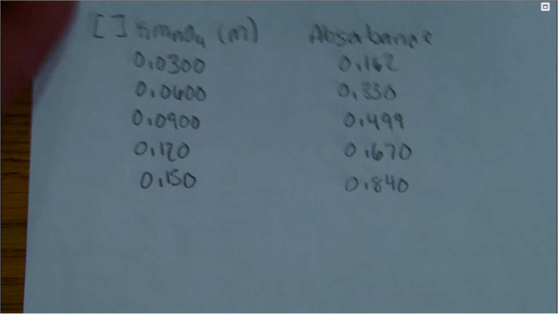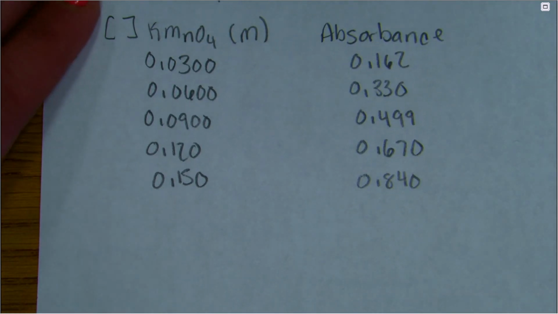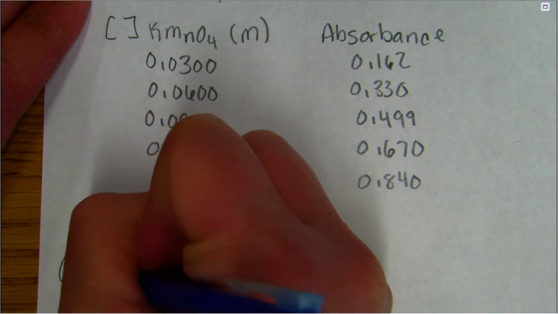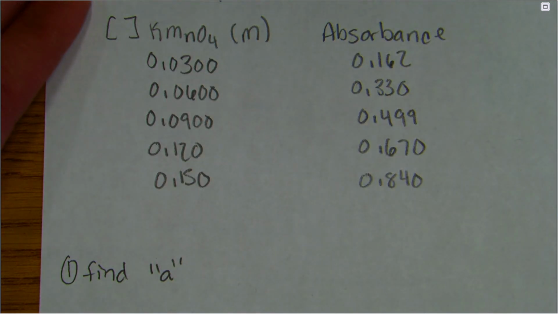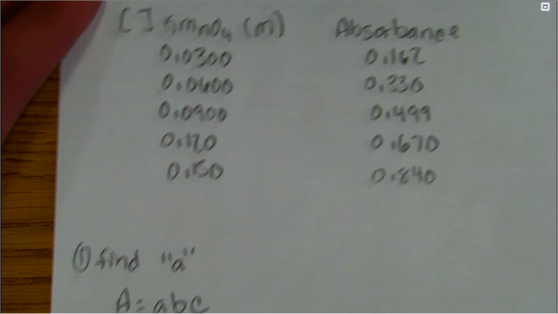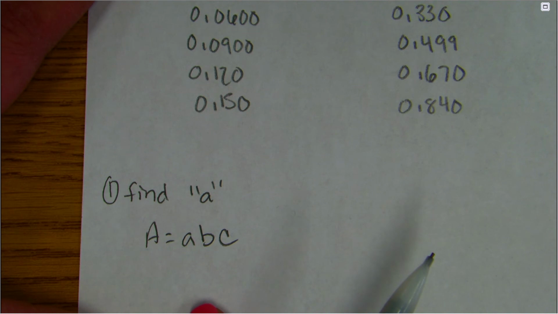Our first step: the question asks us, what is the concentration? To find concentration, we first have to find little a, because big A equals little a, B, C. I know the absorbance, all right?